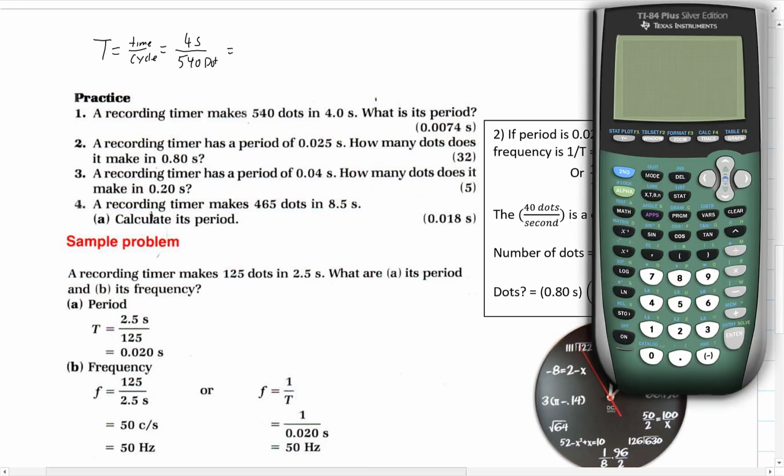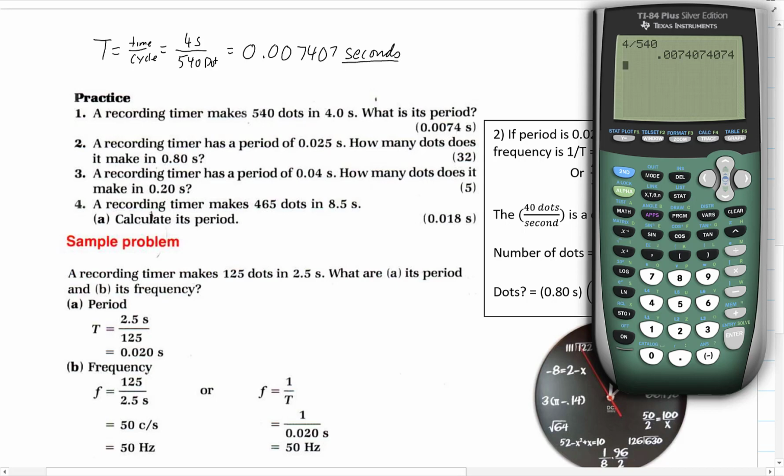Let's pull up our calculator here, and we go 4 seconds divided by 540 dots, and we get 0.007407. Okay, a repeating number there. And the units will be seconds, because for it to do one cycle, that is how much time it takes.